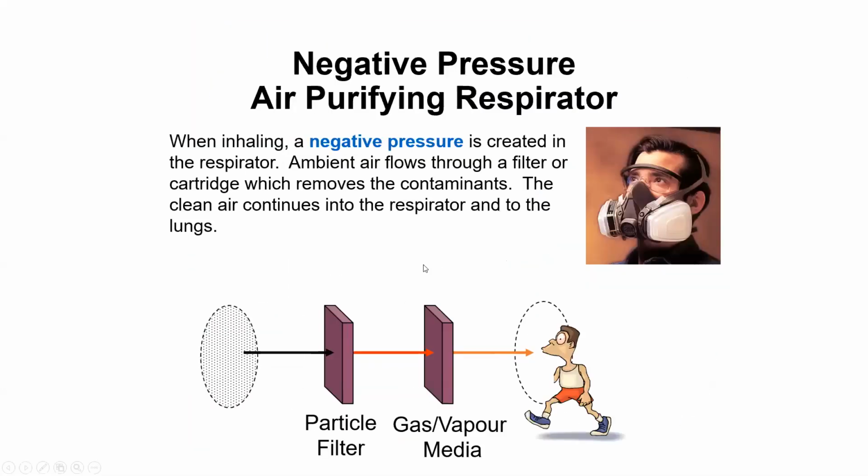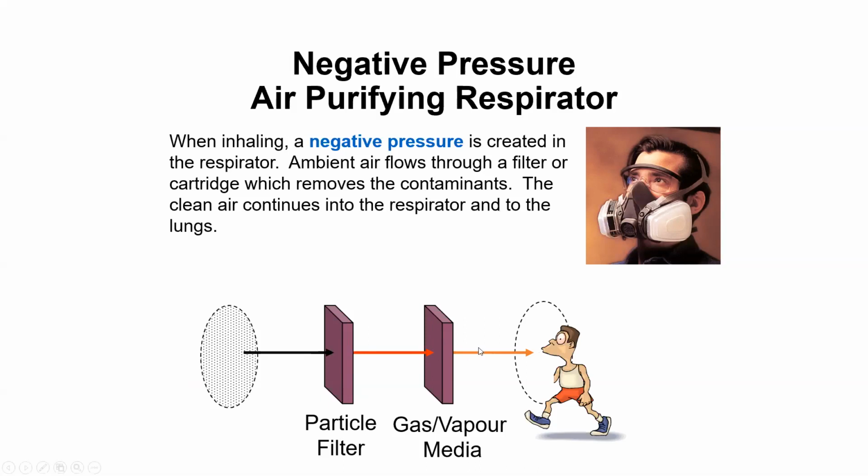With a half face respirator, we breathe air in, our rib cage is expanding, creating vacuum inside, air is being sucked into the lungs, and when we are wearing a respirator, air is being filtered by filter for particles, and cartridges for gas or vapor.